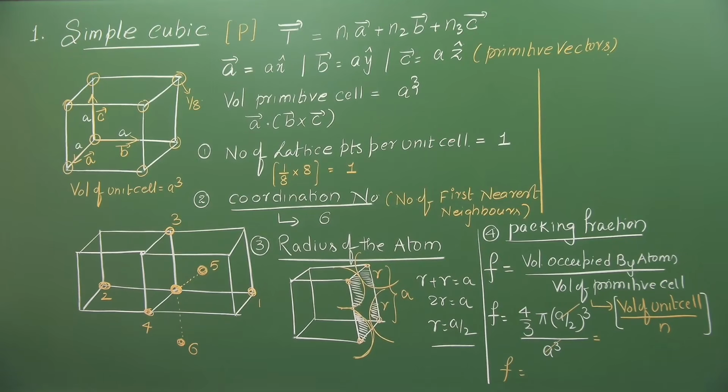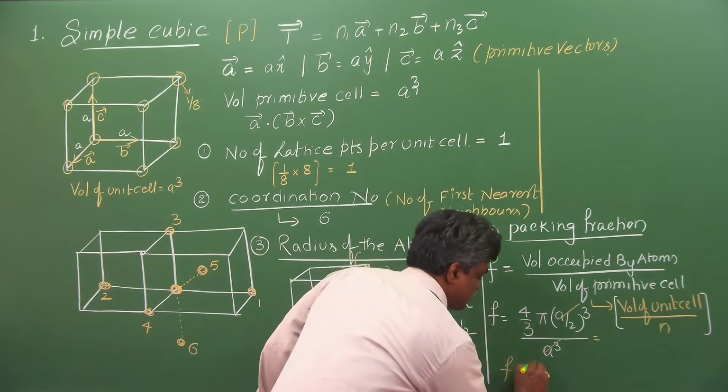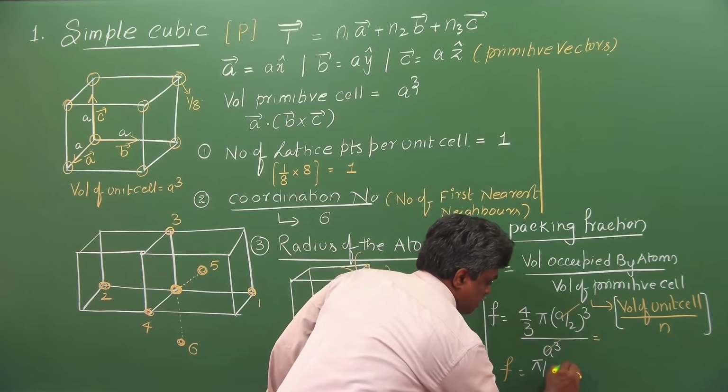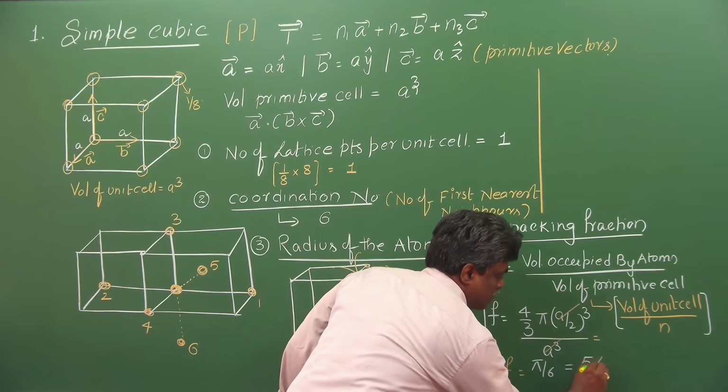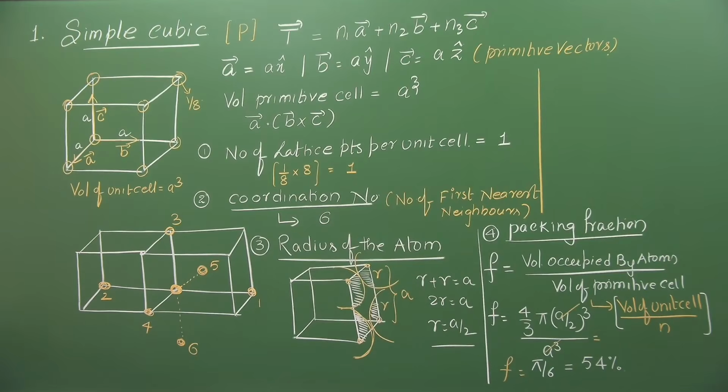Just take the radius a by 2 and substitute and simplify. I think it is pi by 6. Pi by 6 means 54%. Please check later.